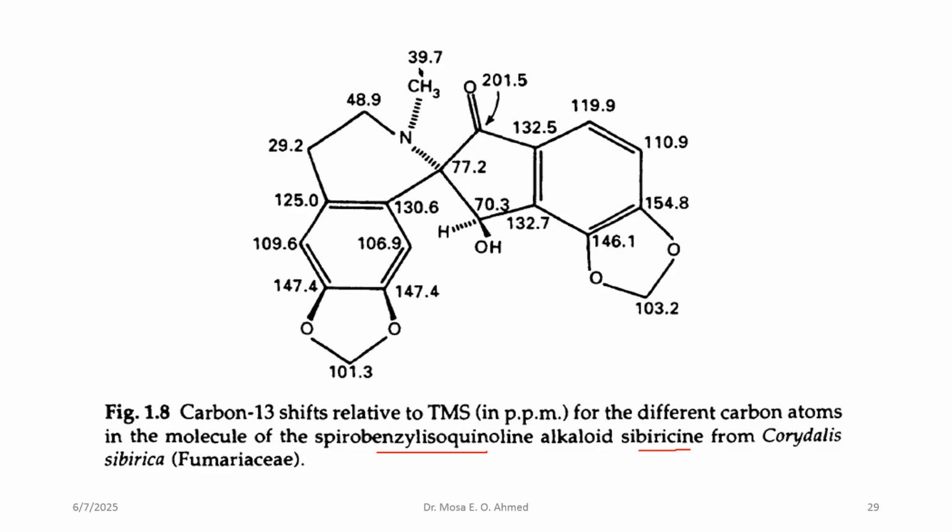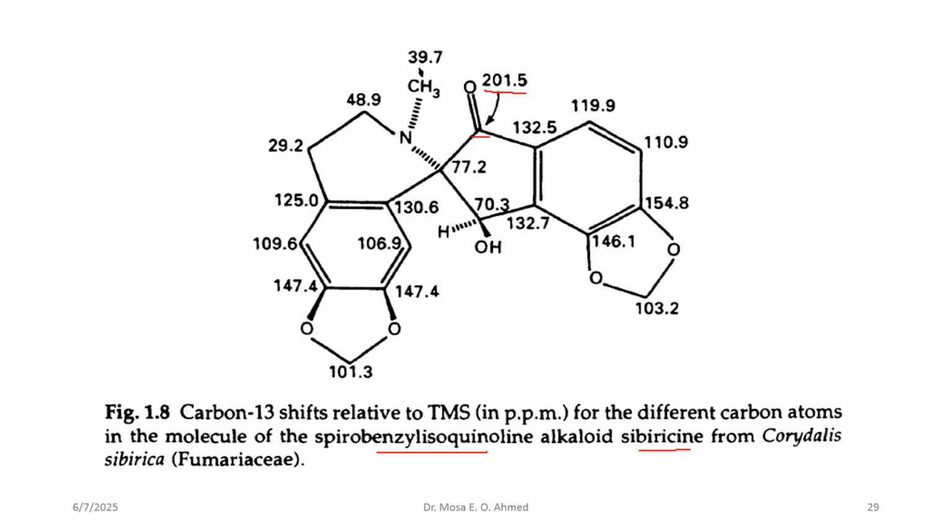The chemical shifts range from the highest shift down to 101.5, which is denoted for a carbonyl carbon. And as we said, for carbonyl ketonic carbon the range is from 160 to 230.